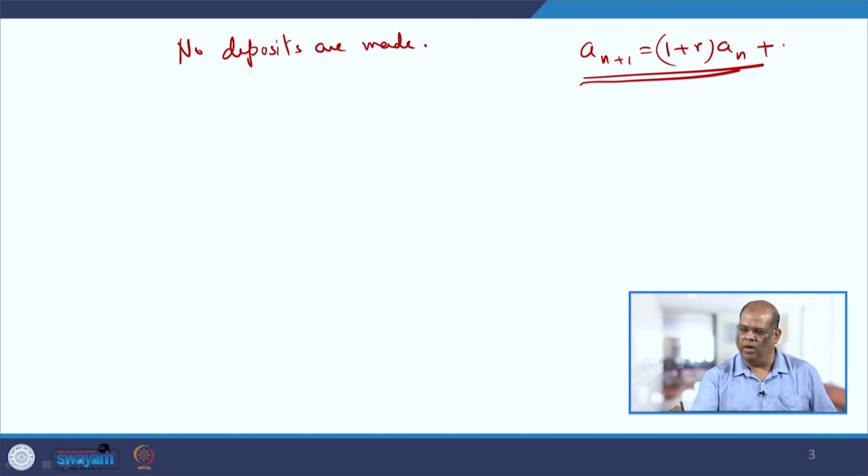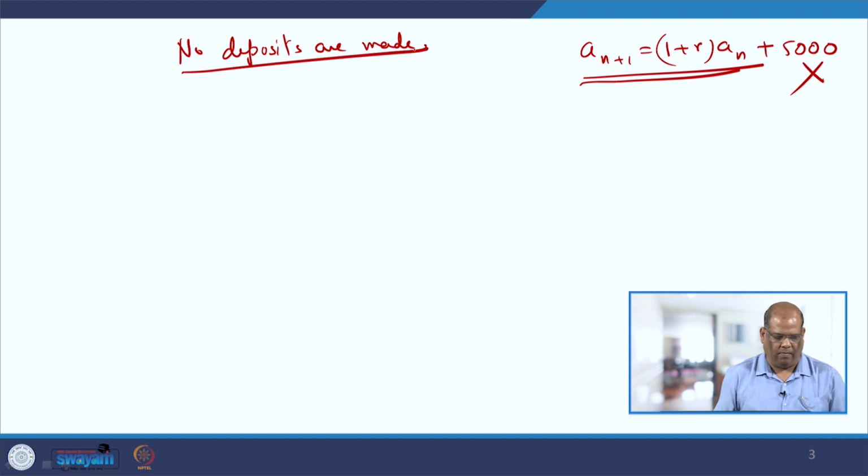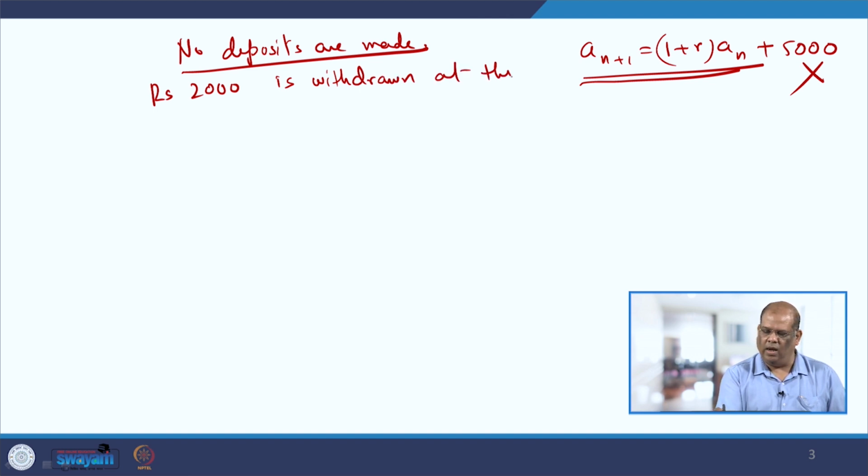But now this 5,000 will not happen, no deposits are made. Instead, rupees 2,000 is withdrawn at the end of each year.